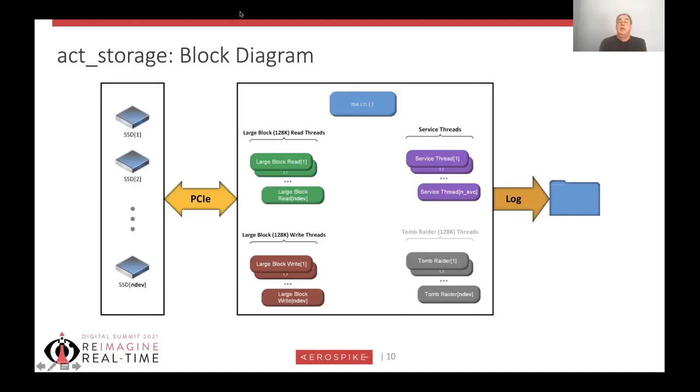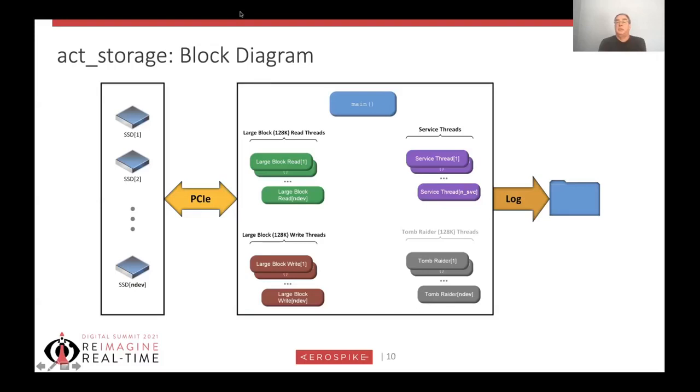And then we'll see what they are used for. The service threads are used for when you're reading an individual record, and you can specify how many service threads there are. And that's an important part of the assessment.